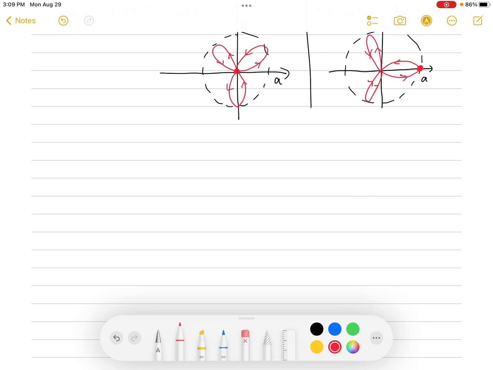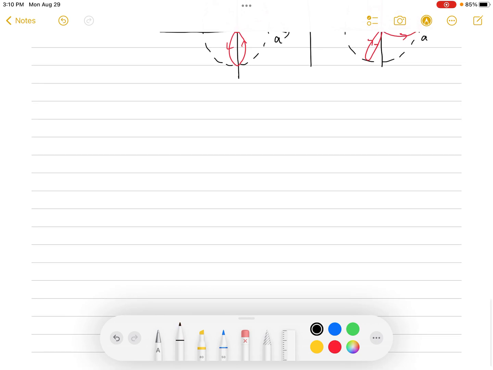Any others worth mentioning here? Oh yeah, we want to mention lemniscates. We're going to talk about a diagonal lemniscate. A lemniscate is like an infinity symbol.